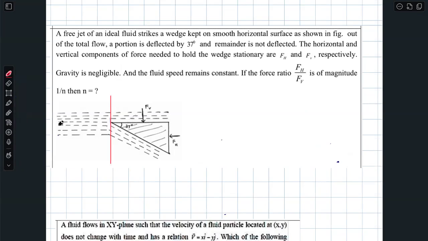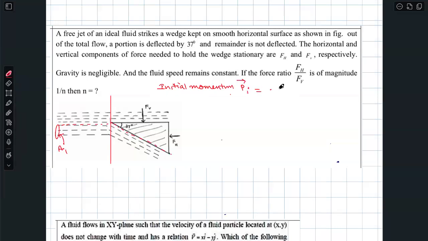Now, I am assuming that the cross-sectional area of this portion is A1. What is the initial momentum of this system? Let the initial momentum be P initial bar.